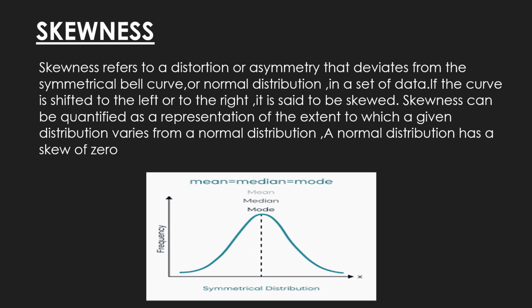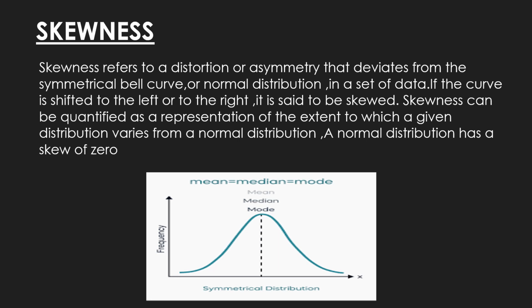The definition of skewness: skewness refers to a distortion or asymmetry that deviates from the symmetrical bell curve, or normal distribution, in a set of data. If the curve is shifted to the left or to the right, it is said to be skewed. Skewness can be quantified as a representation of the extent to which a given distribution varies from normal distribution.